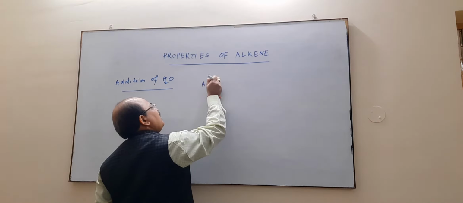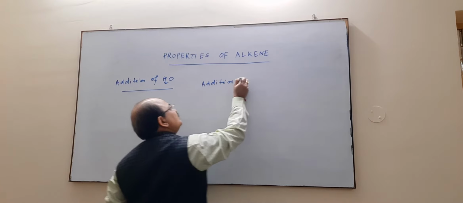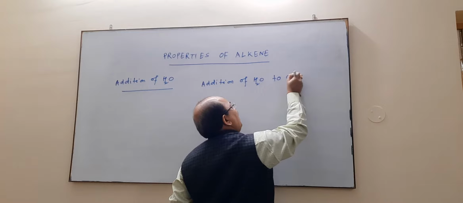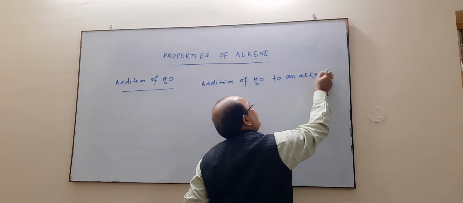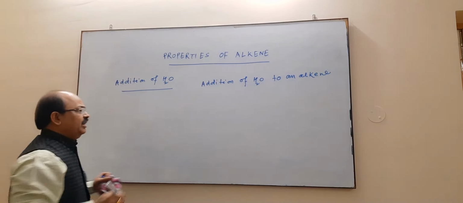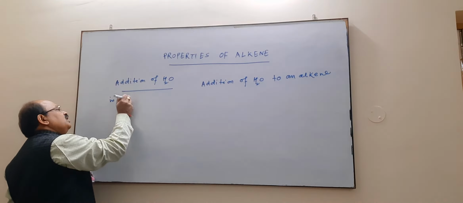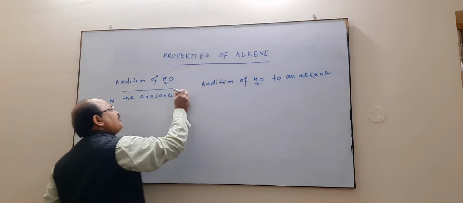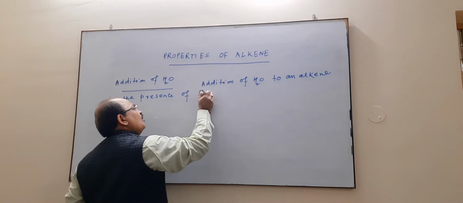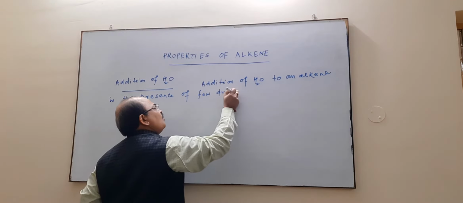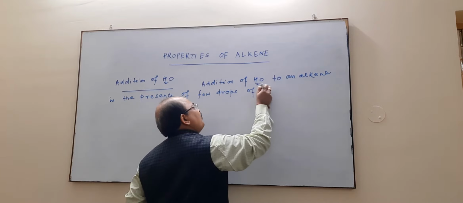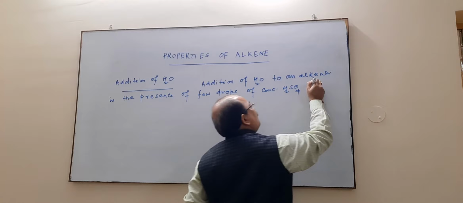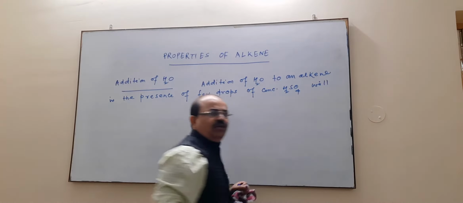Addition of water to an alkene, in the presence of few drops of concentrated sulfuric acid, will give alcohol.